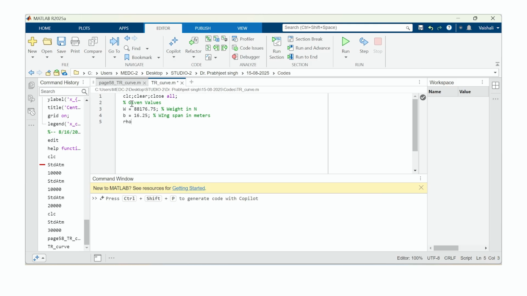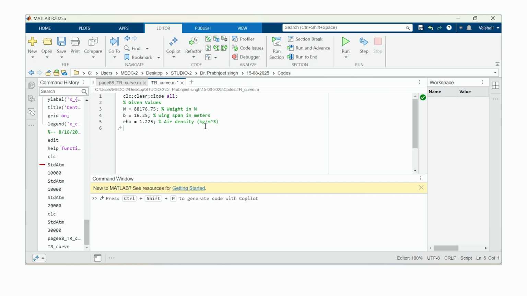Then sea level density, rho equals 1.225, air density in kilogram per meter cube. Fine.